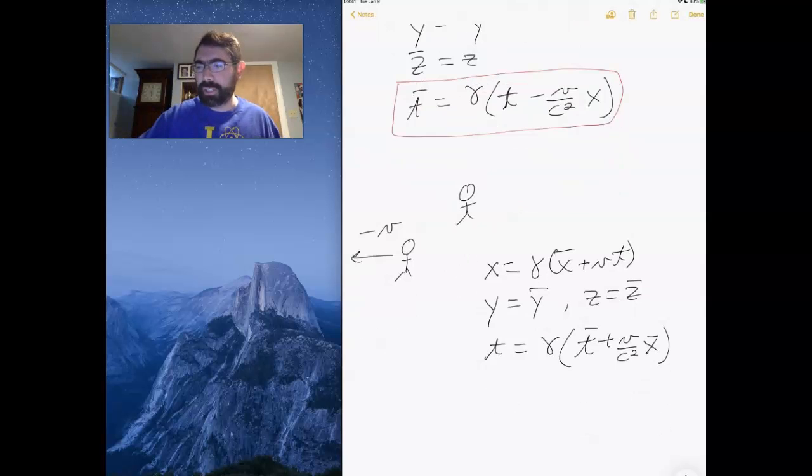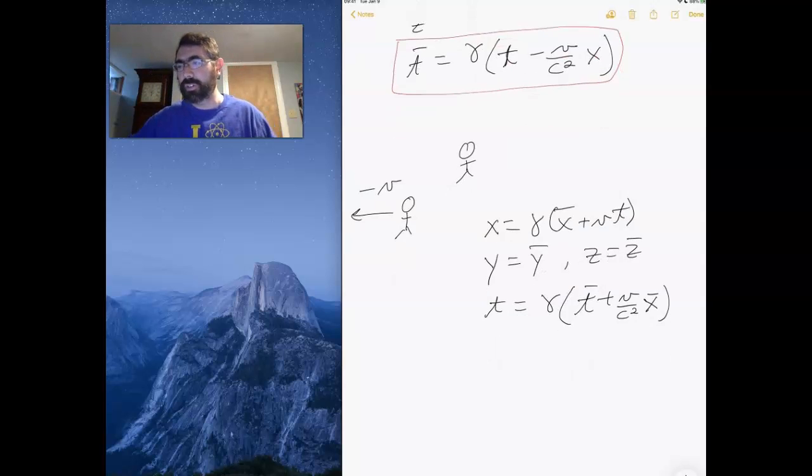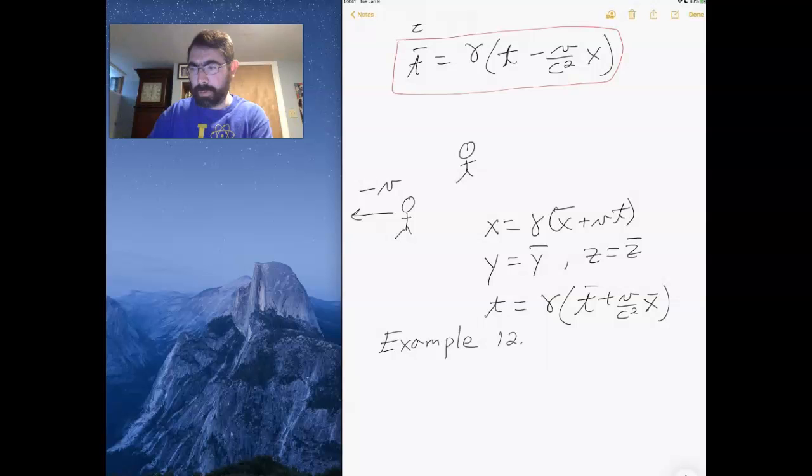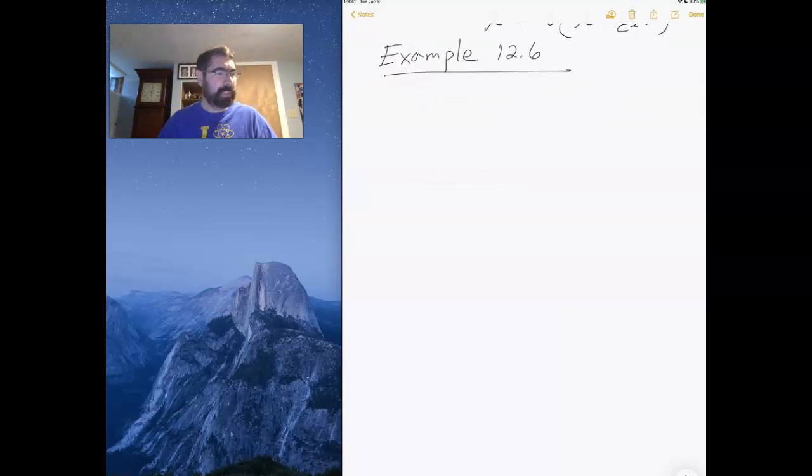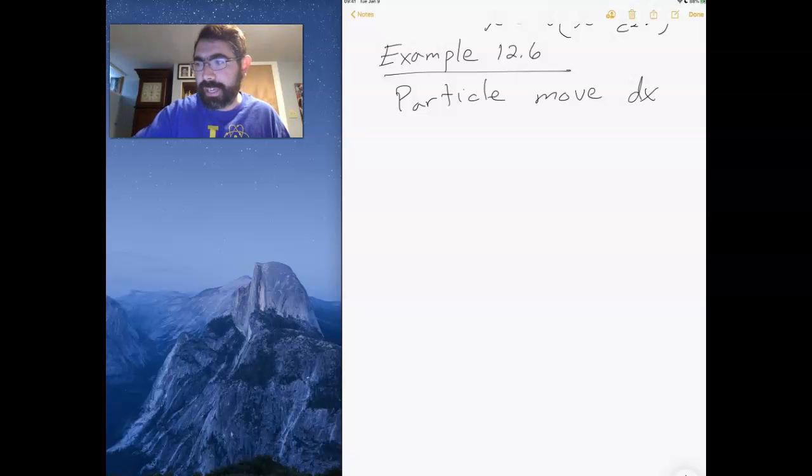Okay, so what I want to take a look at now is one of the examples in the book, and that is this example 12.6, which says that we have a particle that moves a distance dx in a time dt.